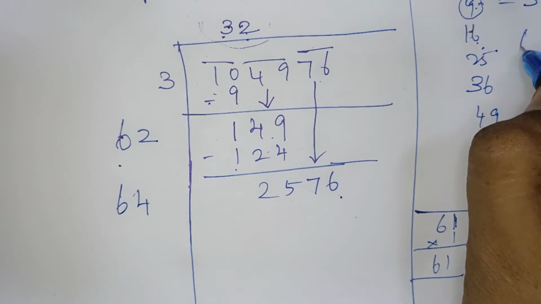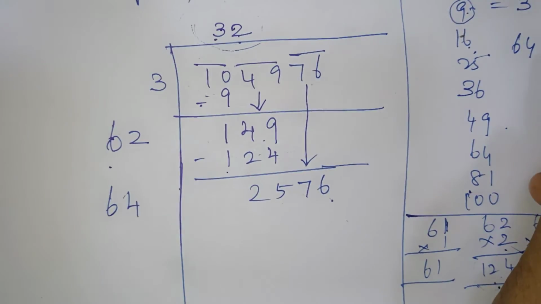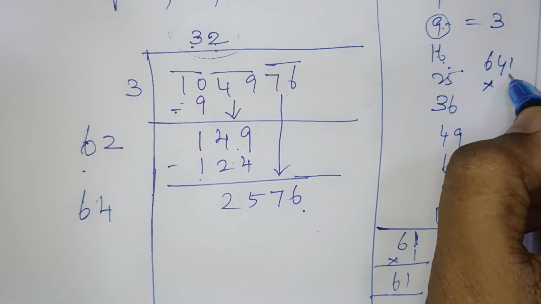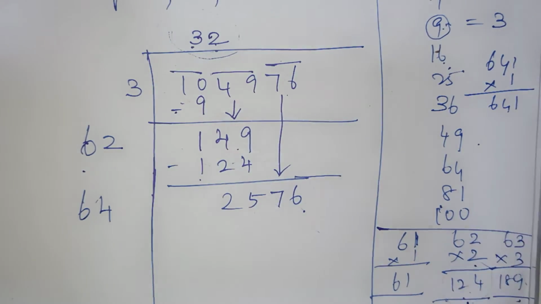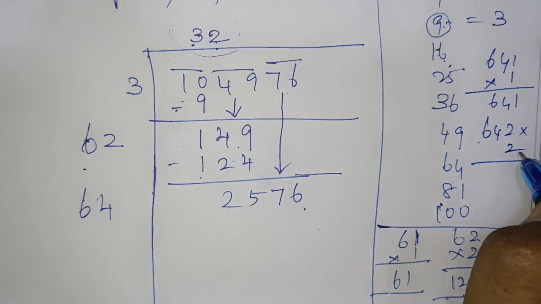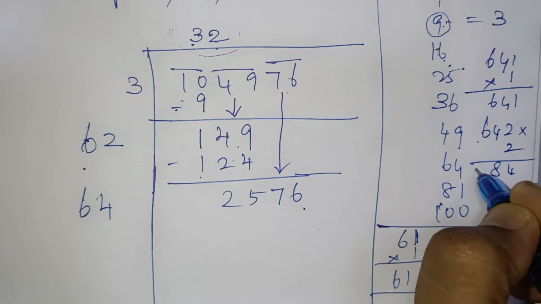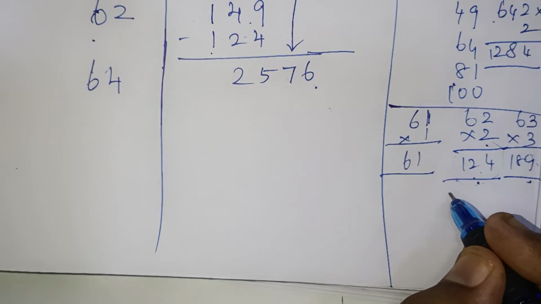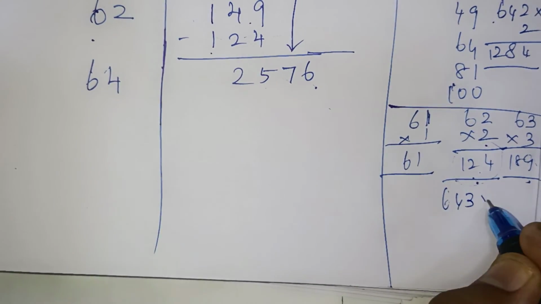So 64. Now consider 641 into 1, which is 641. Next 642 into 2: 2 2s are 4, 2 4s are 8, 1 2 8 4. Like that we have to keep trying. We'll try 643 into 3.